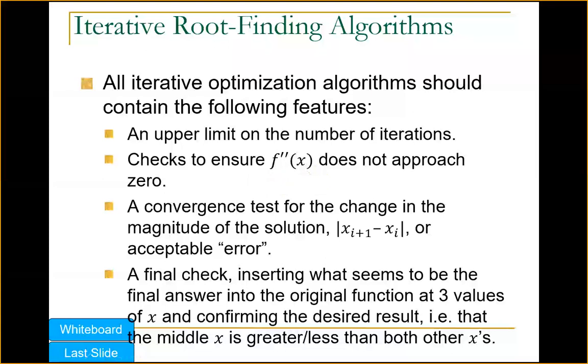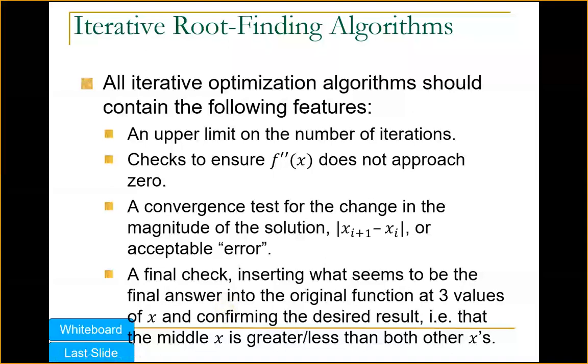And you should always have your error limit or your convergence test. You should also check to make sure that you are really at a minimum or maximum. How do you check? Look at the final statement. Simple way to check. You pick three values.